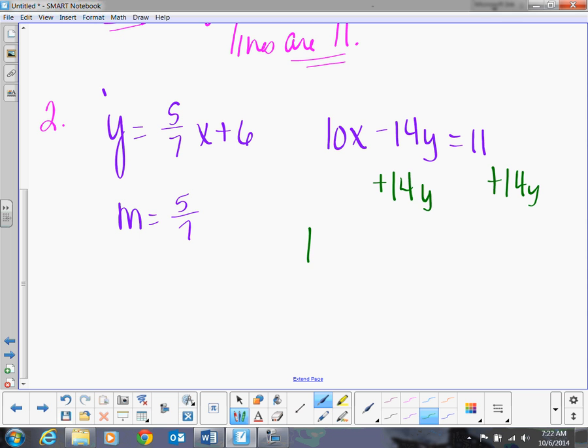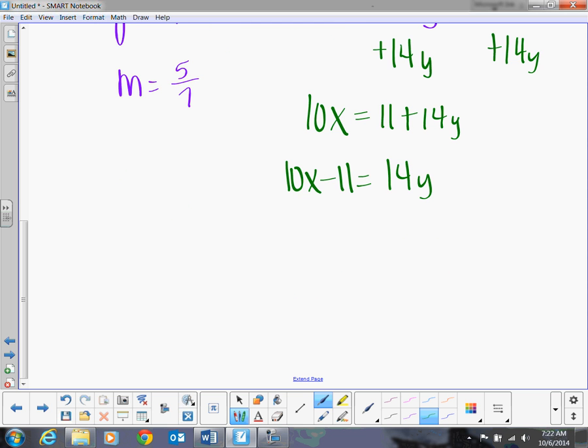So now I have 10x is equal to 11 plus 14y. Then what would you do? Yes. So you've got 10x minus 11 equals 14y. Now you can divide.